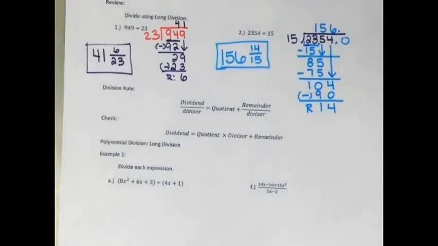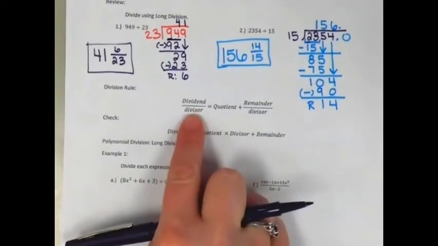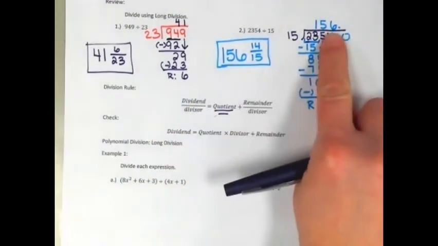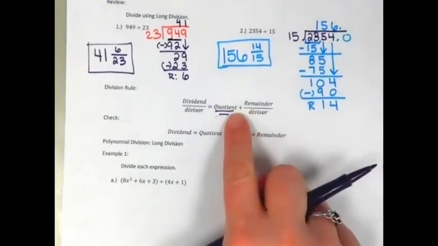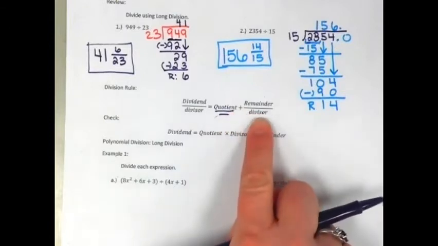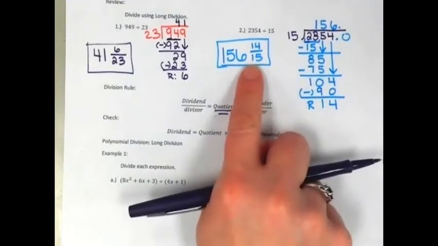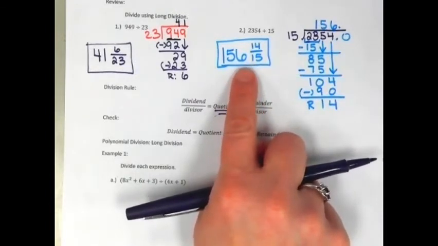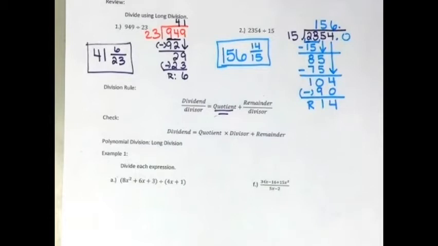So our division rule, as we noticed, a dividend divided by the divisor is equal to the quotient, which is that whole number, right? Plus the remainder over my divisor, right? We didn't show the plus sign here, but that's the same thing, isn't it? 156 plus 14/15. Isn't that 156 14/15?